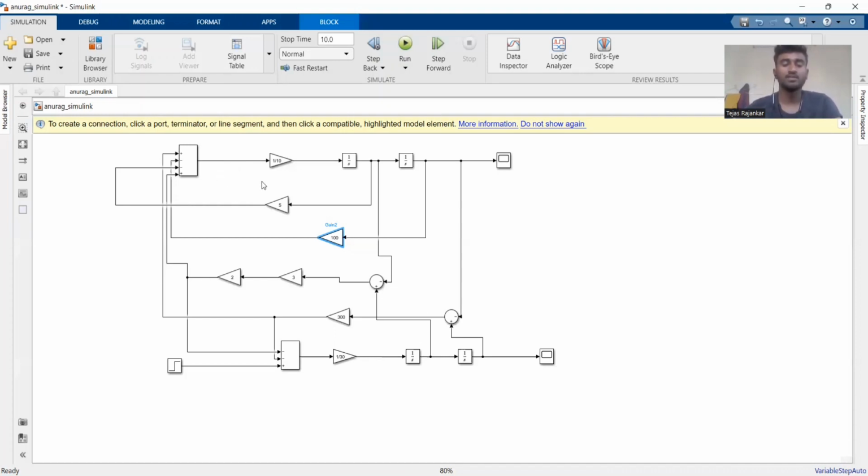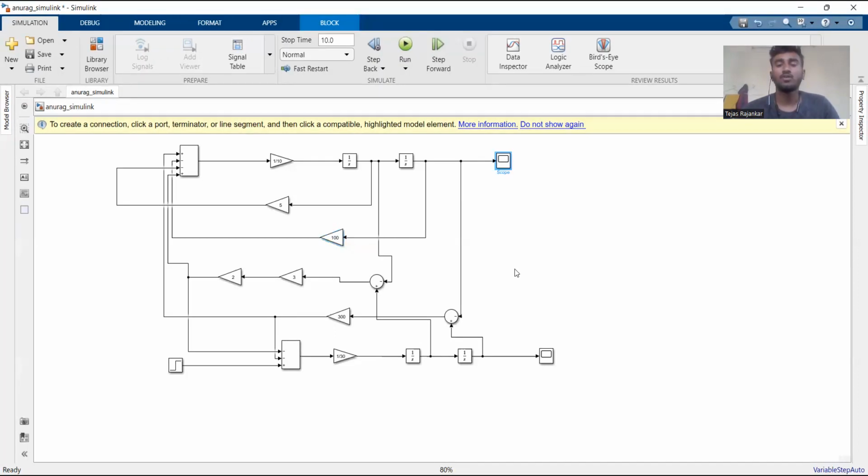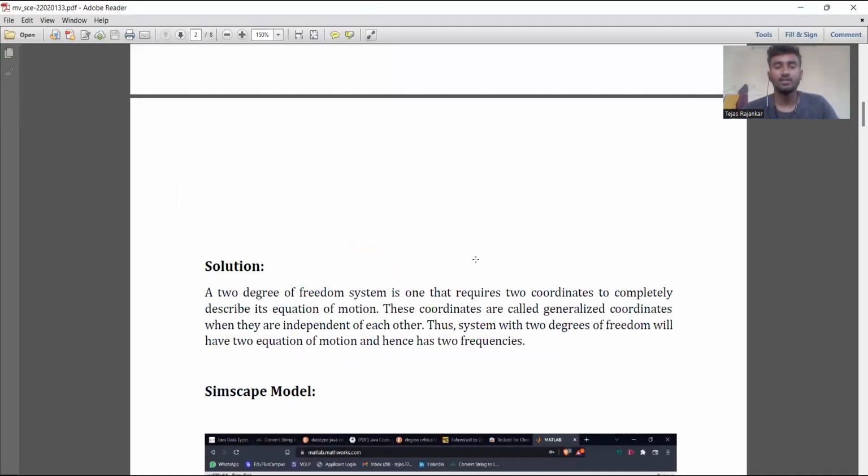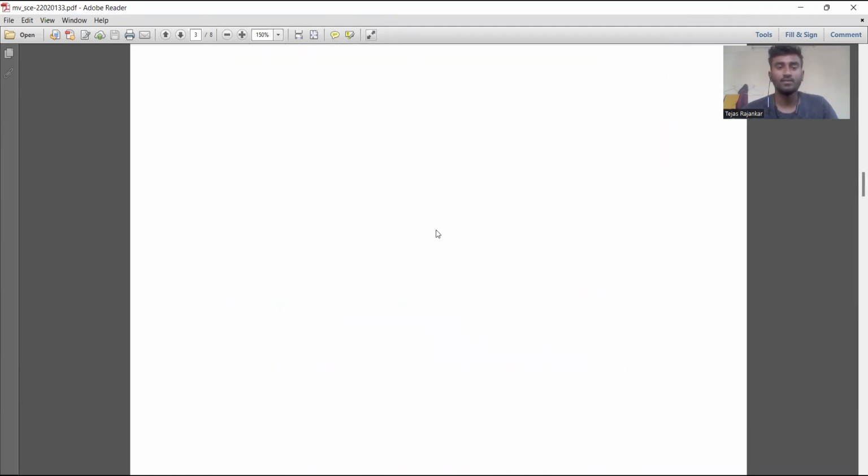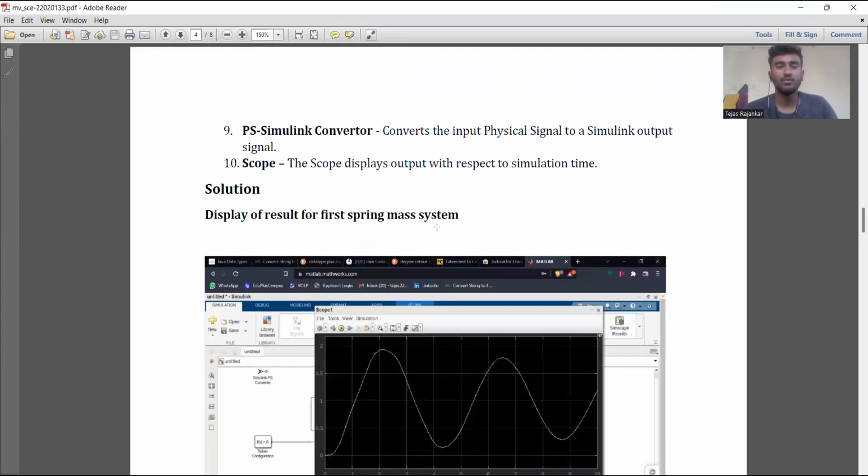This results in k1 into x1, which as per our equation also has a negative sign, so we connected that output to the negative part of the first sum block. So this was the Simulink model, and this is the result which we have got.